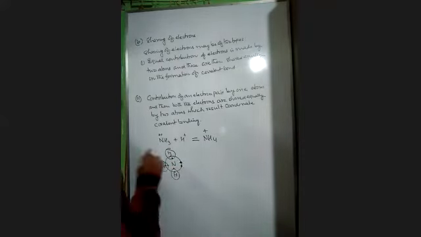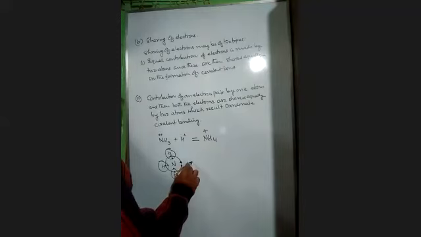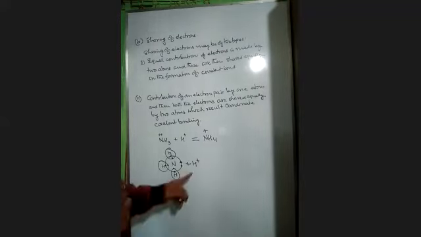Okay. And here this hydrogen has come without electron. A hydrogen without electron, we call it proton. Why do you call it proton? Because hydrogen has 1 electron and 1 proton. If the electron is not there, only proton is there. Because of that, H plus is also called proton.